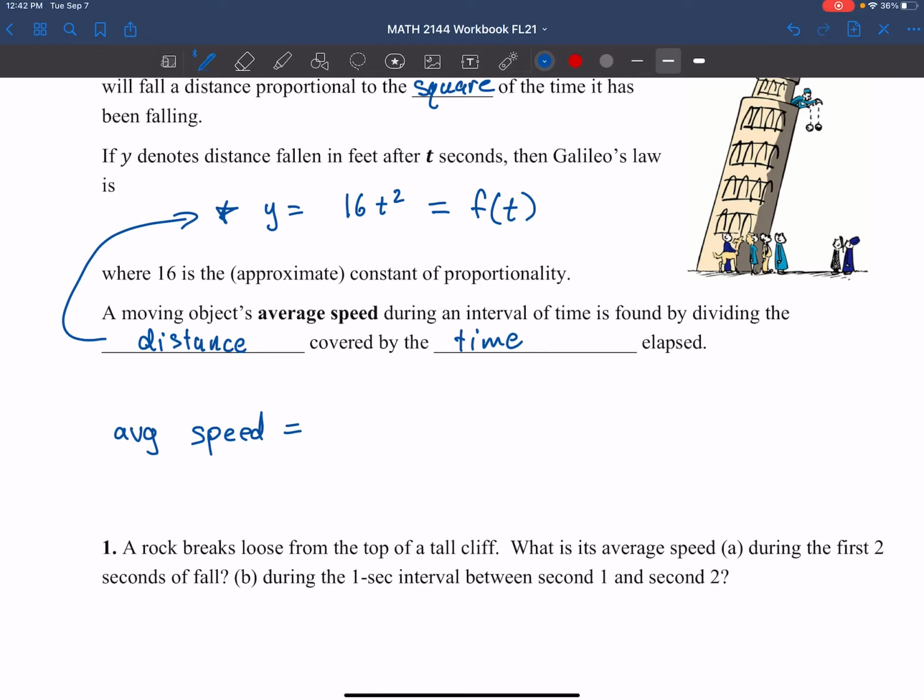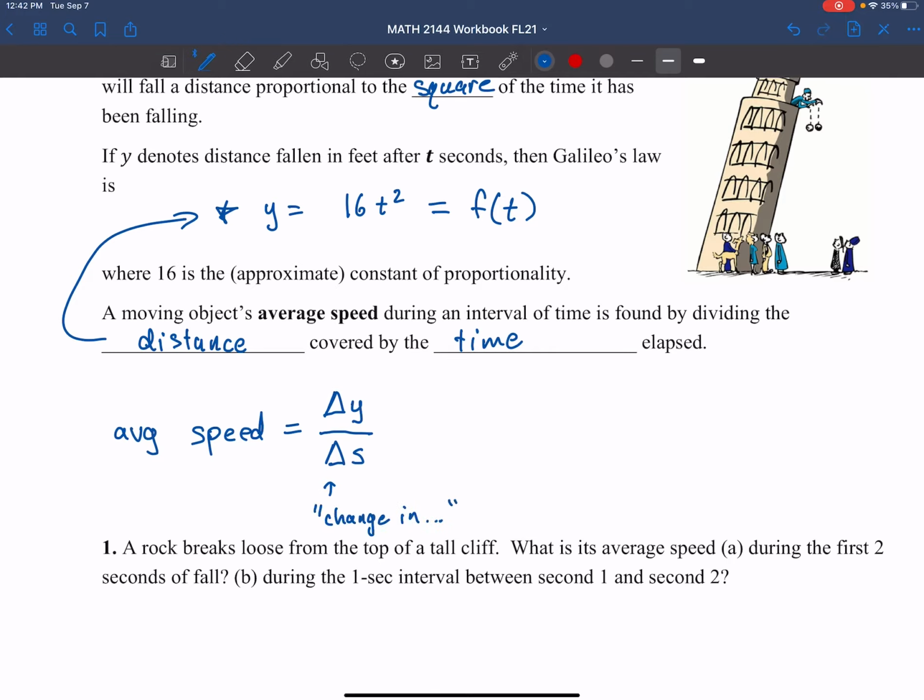The symbols we'll use in this course for change will be, first of all, this triangle, which is the Greek letter delta for difference. So it would be the change in y divided by the change in s. So again, this is the Greek letter delta, which I'll typically just read as change in.